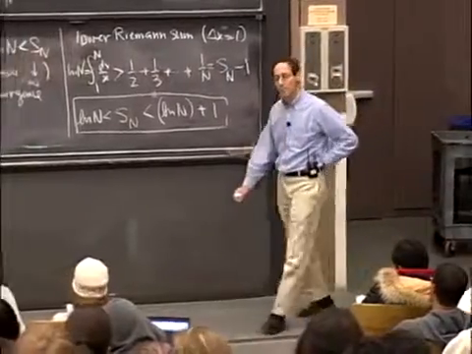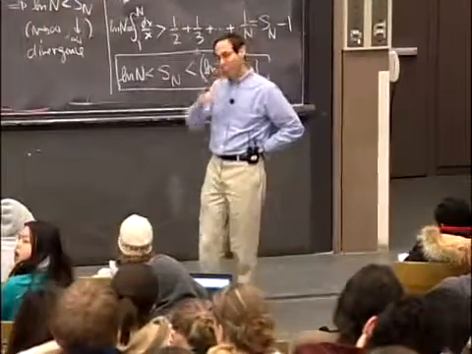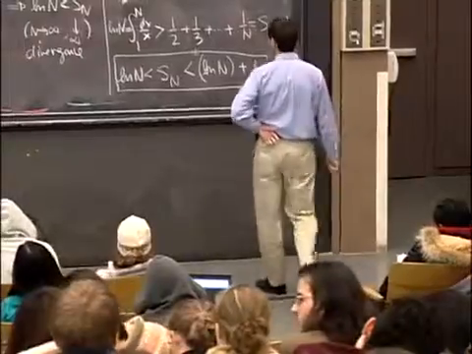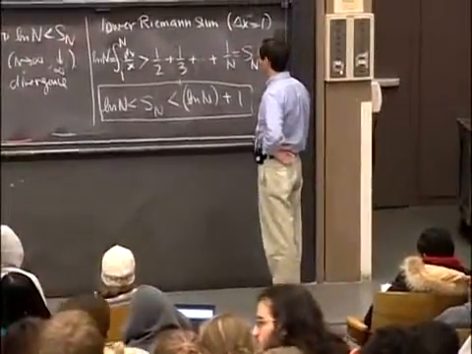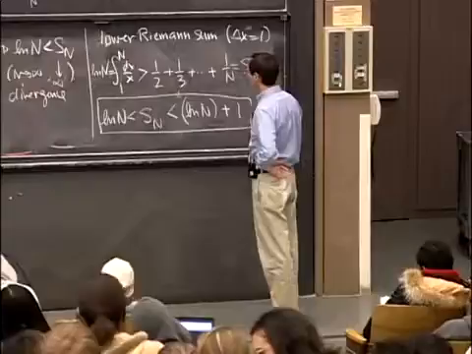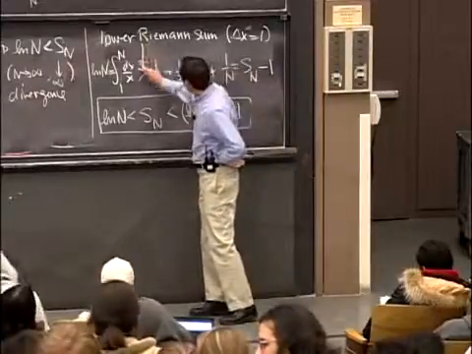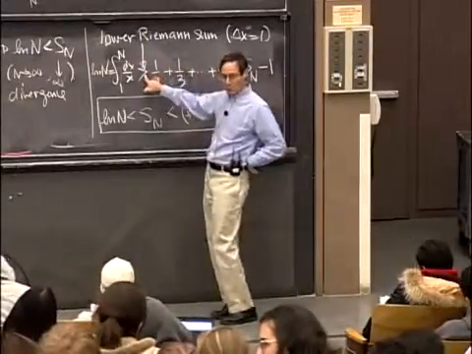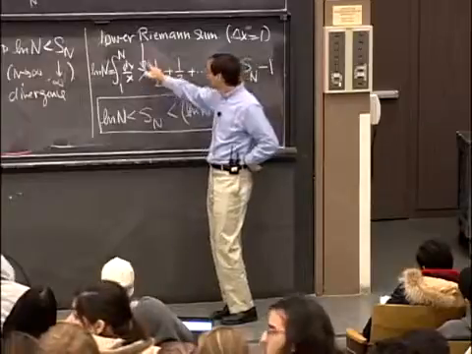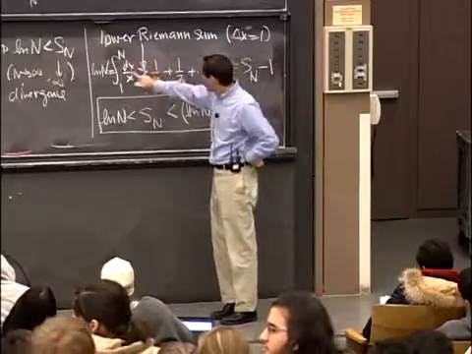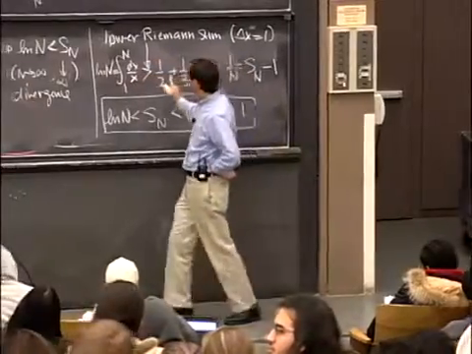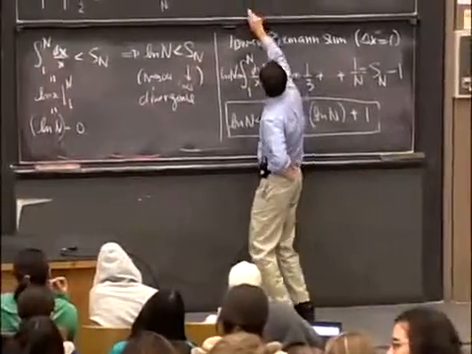Yeah, question? How did you set up this last inequality with that integral being greater than Sn minus 1? How did you know it's greater immediately? This step here is the step that you're concerned about. So this step is a geometric argument which is analogous to this step.